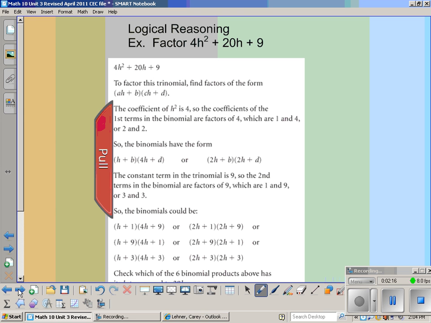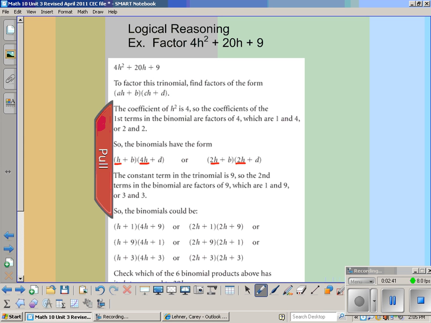The coefficient of h squared is 4, so the coefficients of the first terms in the binomials are factors of 4, which are 1 and 4 or 2 and 2. So your binomials have to have the form 1h plus b, 4h plus d, there's your 1 and 4, or 2h plus b and 2h plus d, there's your 2 and 2. They have to have one of those two forms.